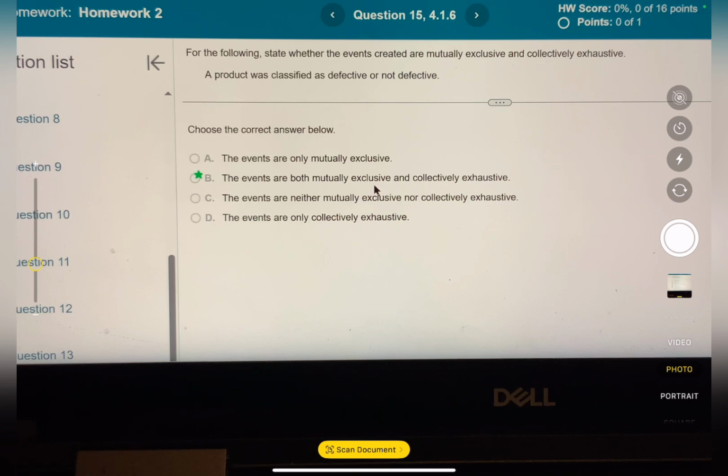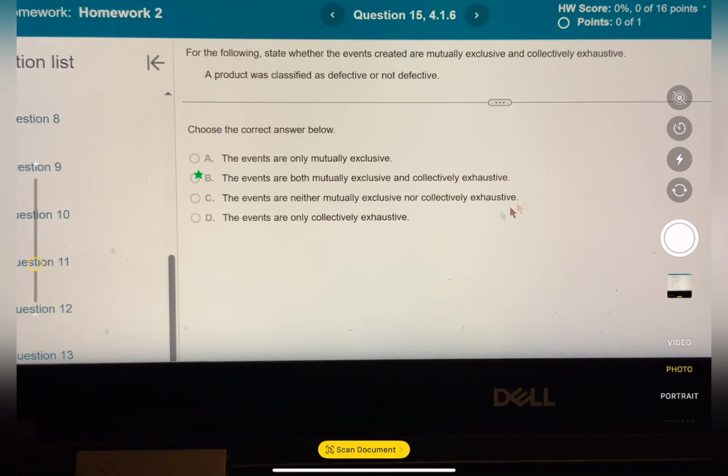We understand? Okay. So for the product which is defective or not defective, the events are only mutually exclusive. They are not only mutually exclusive because they can be collectively exhaustive or not. And then the second one, the events are both mutually exclusive, because it cannot be defective and not defective, right?